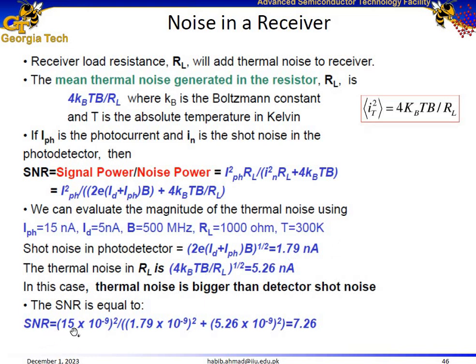Finally, SNR is equal to the photocurrent squared divided by the quantum current squared plus thermal noise current squared. So the signal to noise ratio comes out to be 7.26.